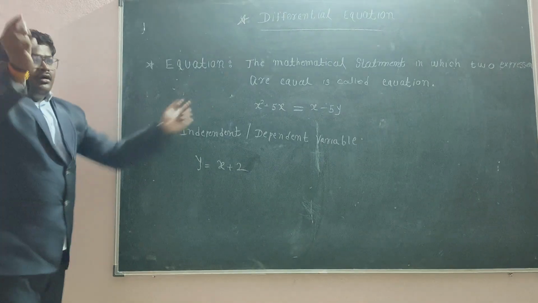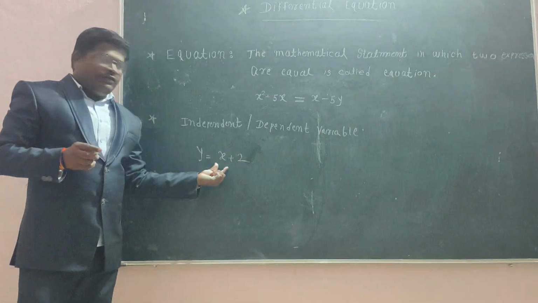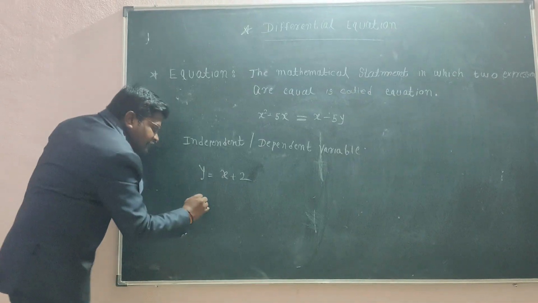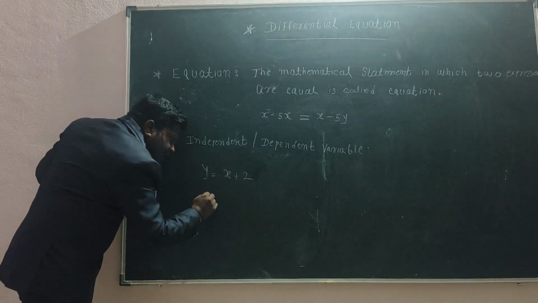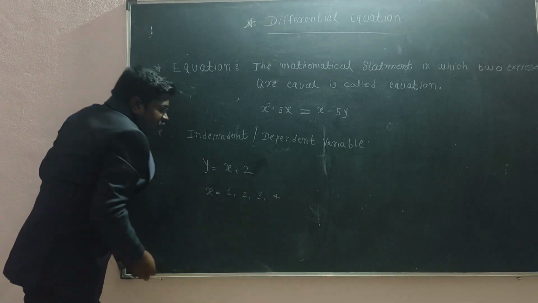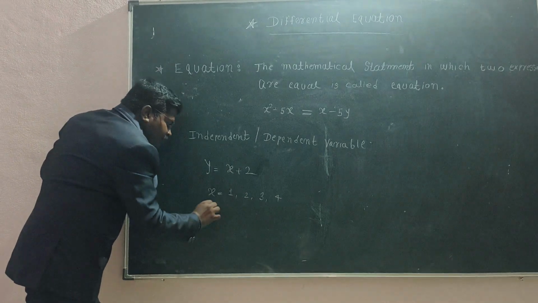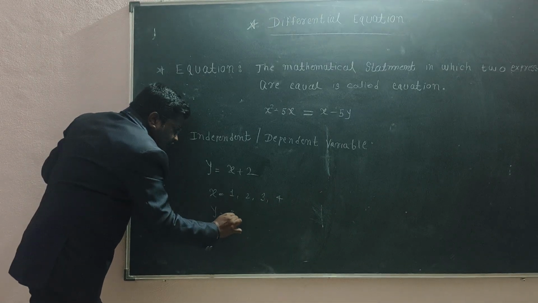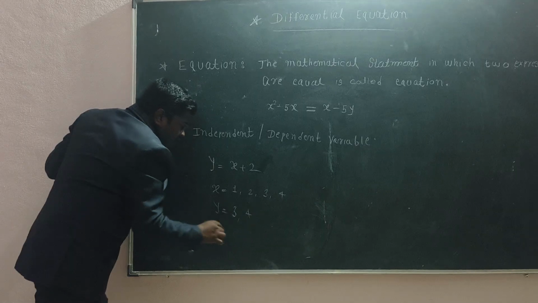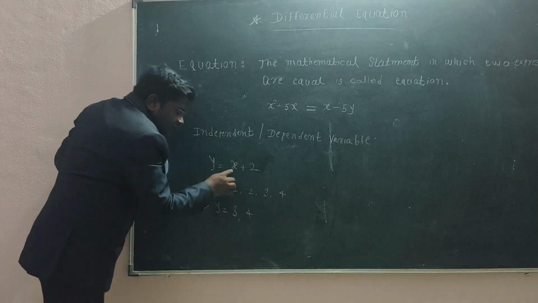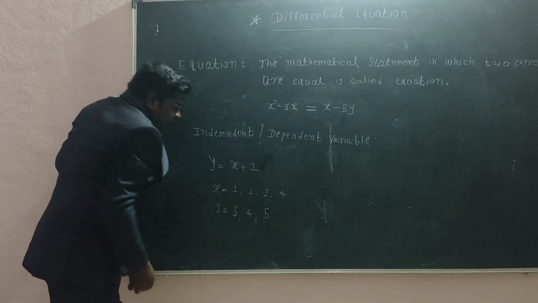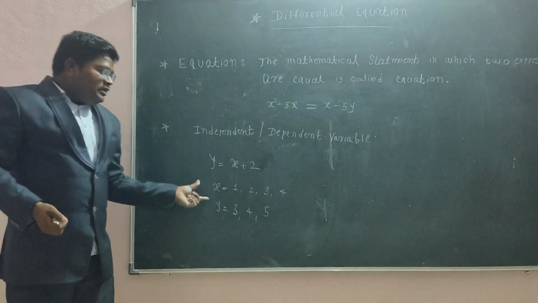If we put different values of x, we get different values of y. I can take x is equal to 1, 2, 3, and 4. If we put x is equal to 1 in this equation, we get y is equal to 3. If we put x is equal to 2, we get y is equal to 4. If we put x is equal to 3, we get y is equal to 5. And y depends on the x value.